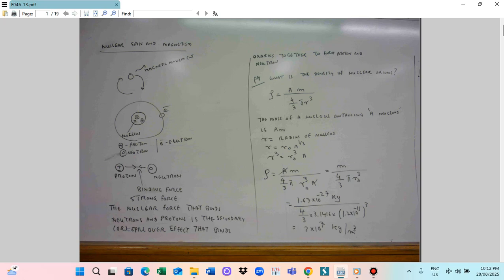So this is the mass of a nucleus containing A nucleons, that is A m. And R is equal to the radius of the nucleus.